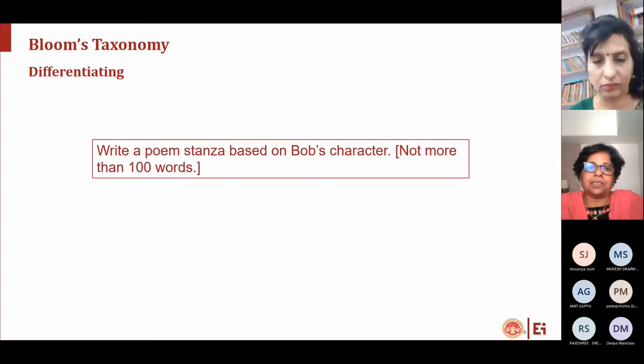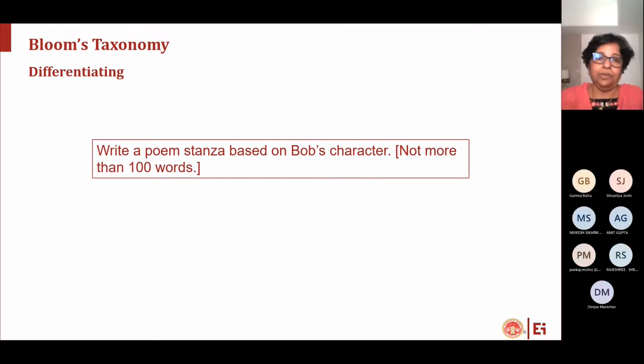So here the question is asking to create something new with Bob's entire characterization. Do you see that though it is about a particular character, the question is demanding that you look at Bob's character as a whole and not as a particular event? And then the cognitive task is to come up with a poem, which is create, which automatically goes into higher order thinking. Sometimes the cognitive skill that it demands is very evident and will automatically put you in a granular level bucket or a conceptual level bucket.